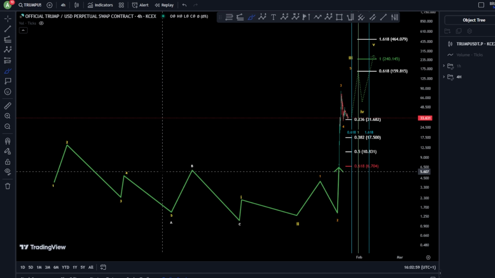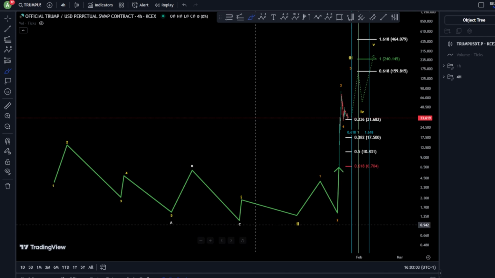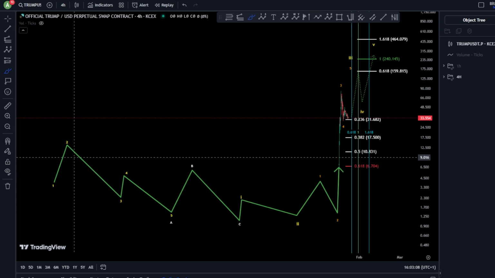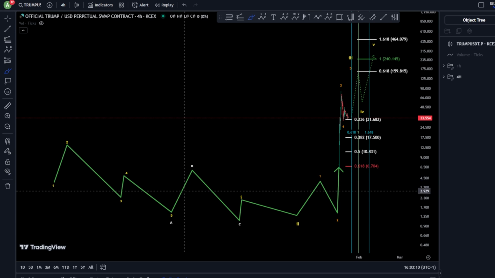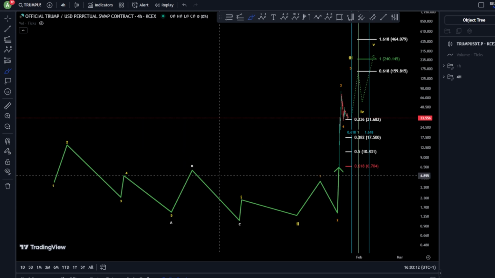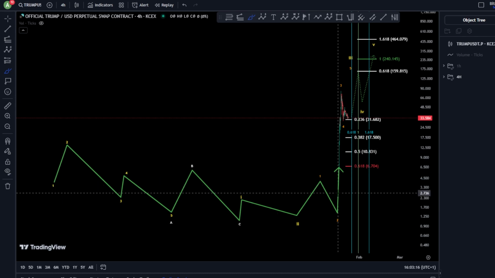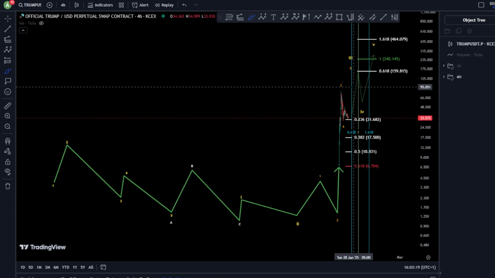However, I just checked on it after the analysis I made during the inauguration. As you can see, I don't know why, but this platform was the only one that showed the price action of the Trump coin before it got launched.